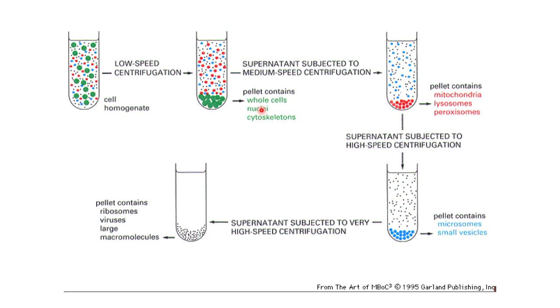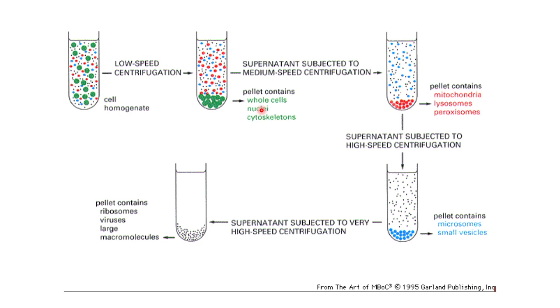So in this manner, by manipulating the speed of the centrifuge and the solution which you are centrifuging, you can separate the different organelles or components of a cell, and on subjecting them to different speeds, you can separate the components that you would be requiring.